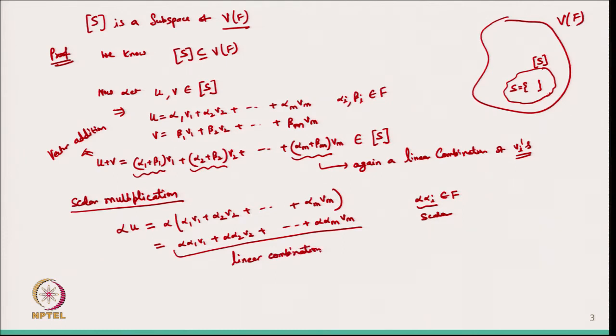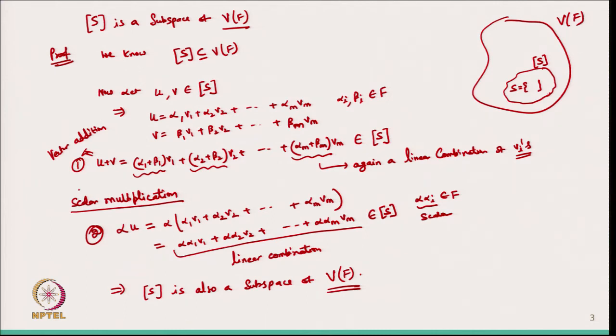So, from here this is again a linear combination. So, if it is again the linear combination, then I can write that this belongs to the span of S, and from here I can say that the span of S is also a subspace of vector space V with the field, because we know that if the first property and the second property are satisfied, then all other properties will definitely be satisfied, because this set S definitely lies in the vector space V. So, everything will be there, inverse will be there, additive inverse, additive identity, everything will be there.